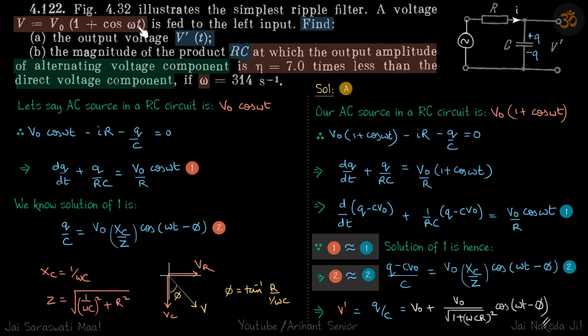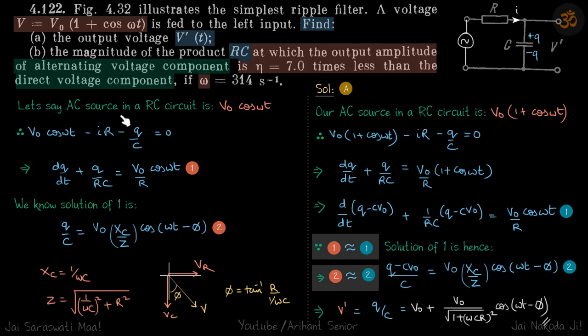The source voltage is omega t and Vc is lagging by phi. The amplitude is of course V0 times Xc upon Z, the capacitive reactance upon the total impedance. So this is the solution of an RC circuit.